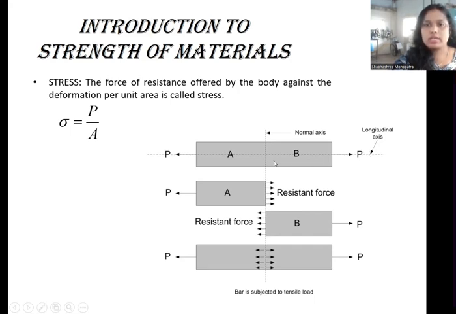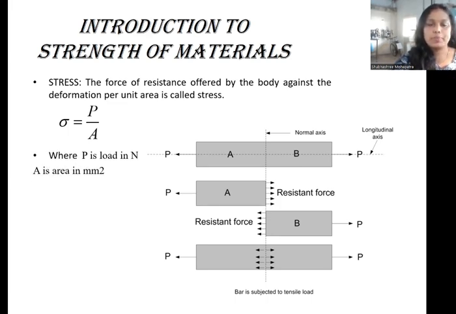Because of this force, a resistance force is generated. This resistance force is generated against the deformation caused by the force. This resistance force for this cross-sectional area is nothing but the stress.